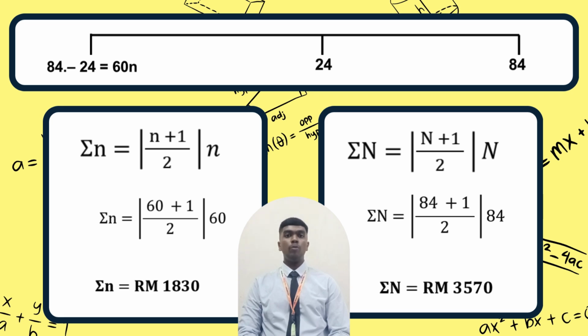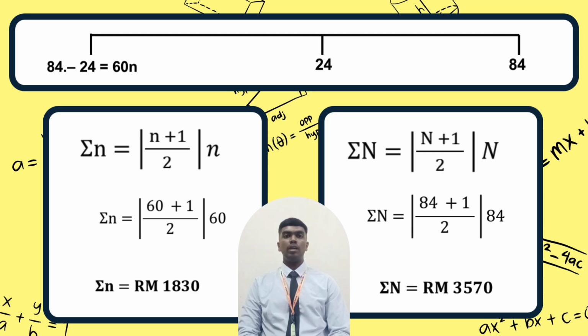Now let's go to the calculation. The rebate formula: R equals sigma small n divided by sigma big N times interest. There are two formulas we should use in the calculation. First formula: sigma small n equals small n times (small n plus 1) divided by 2.